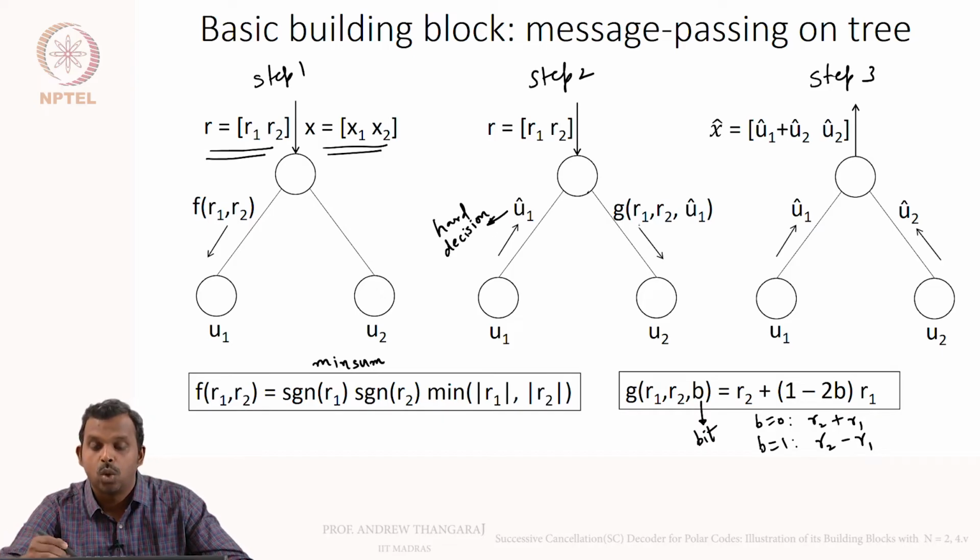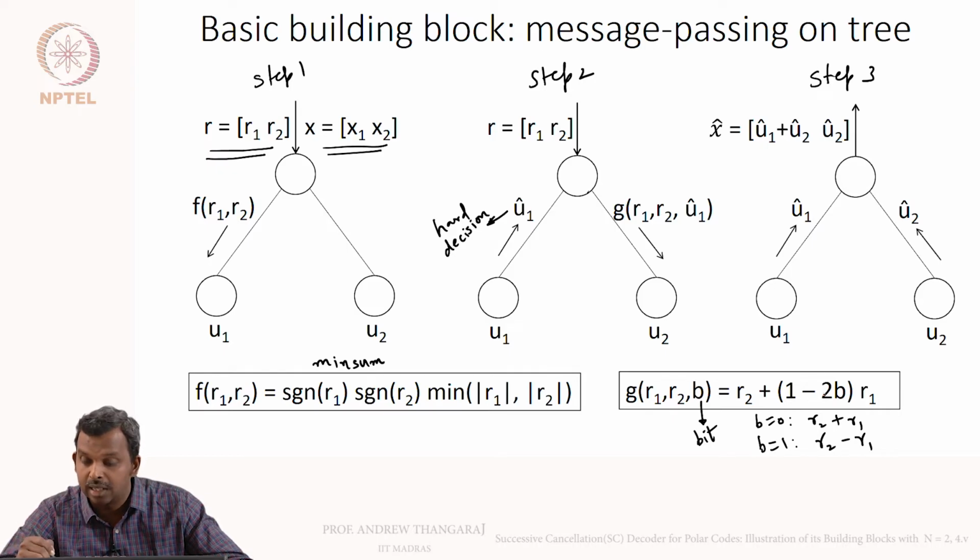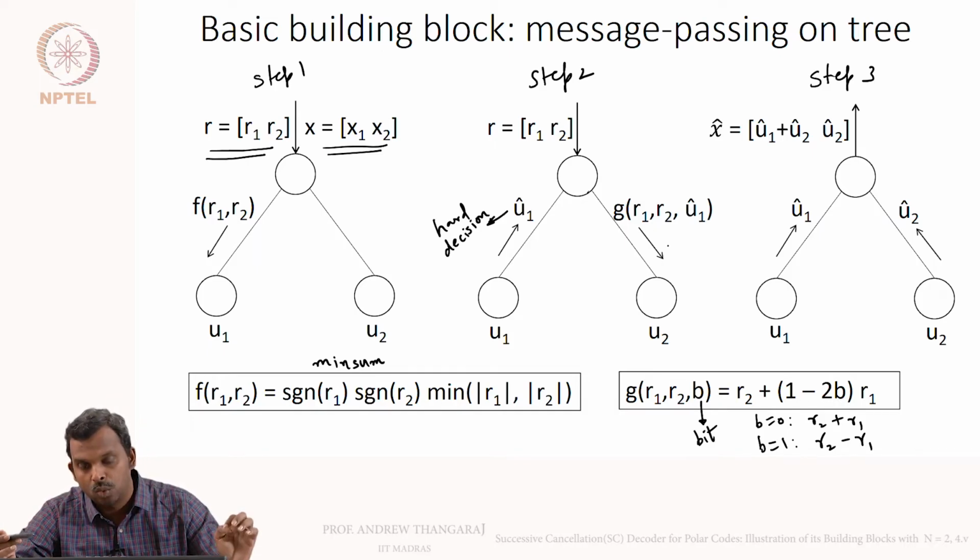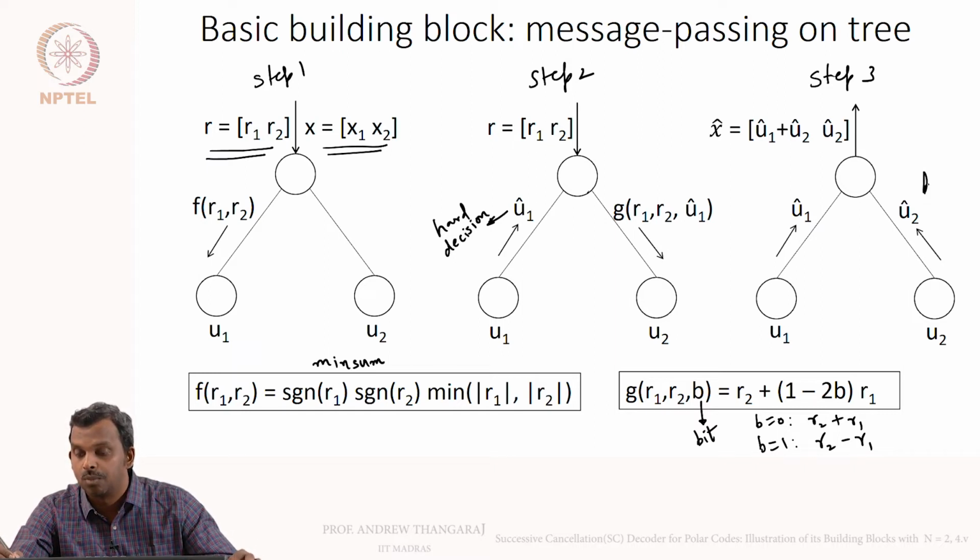So what you send here is g of R1, R2, u1 hat. Notice the little switch here: I'm calling it R1 comma R2, but I do R2 plus 1 minus 2b times R1. Something to pay attention to. That's the second step: you sent a message to your right child using the g function, and then you do a hard decision.